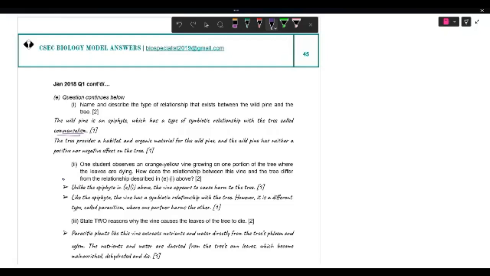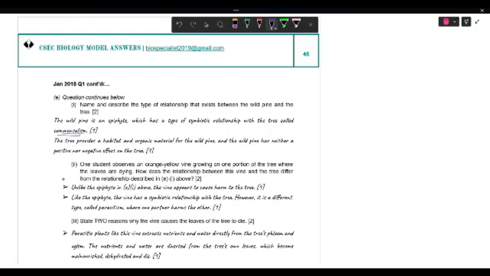So that's the first thing we mentioned, because they're asking us now, how does the relationship differ? So we have to compare, right? So we say, well, unlike the epiphyte in part E.1, the vine appears to cause harm to the tree, right?